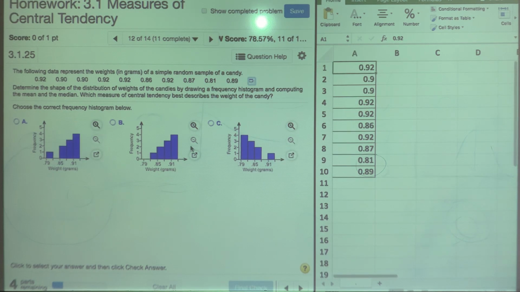So I've got a data set. Notice these are the same values over here. Determine the shape of the distribution of weights of the candies by drawing a frequency histogram and computing the mean and median. I recommend you do this with your data set, whether it's in Excel or by hand.